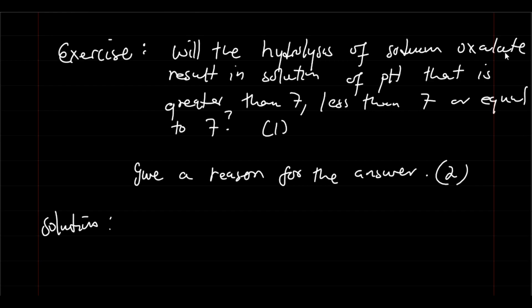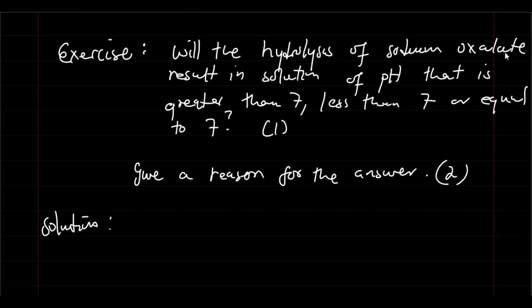So oxalate is a negative ion that comes from oxalic acid, which is a weak acid. And sodium comes from sodium hydroxide, which is a strong base, right?